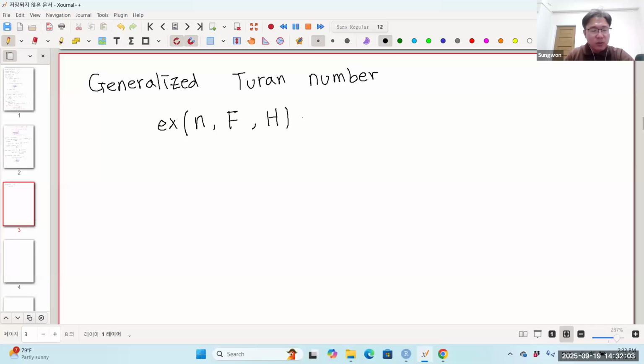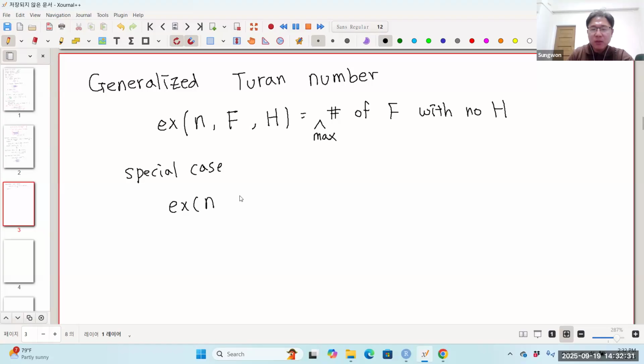So in other words, this is the maximum number of F with no H. And what I discussed before was the special case, ex(n, K_2, H). K_2 is just one edge, and that is just the extremal number of n, H. Okay?